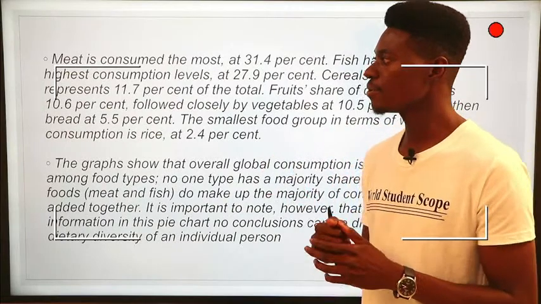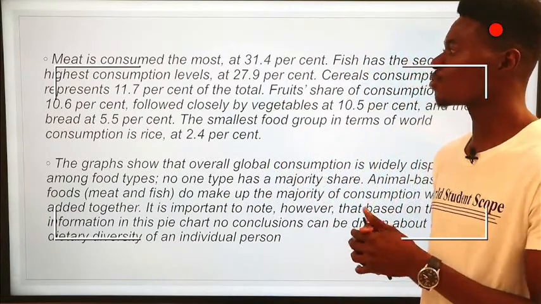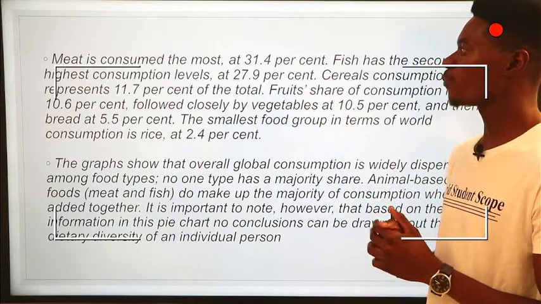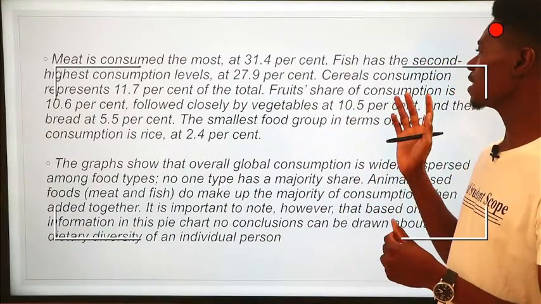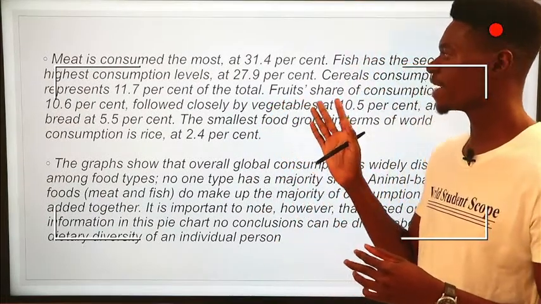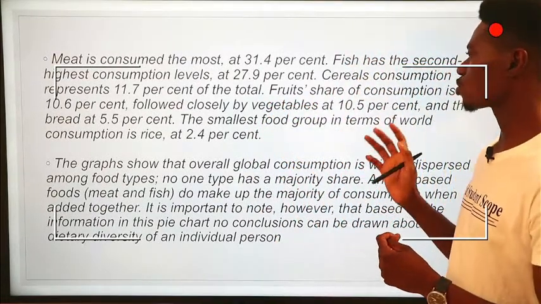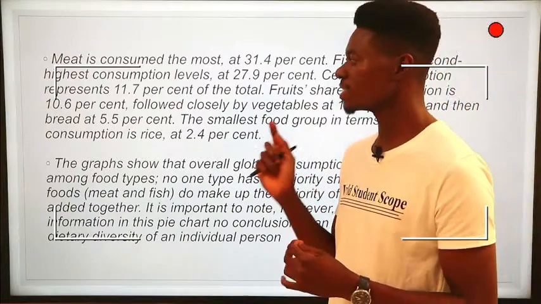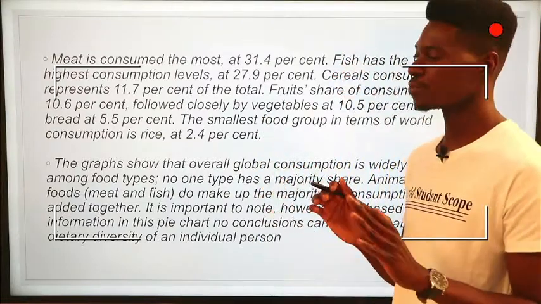For example, meat is consumed the most, at 31.4%. Fish is the second highest consumption level at 27.9%. Cereals consumption represents 11.7% of the total.